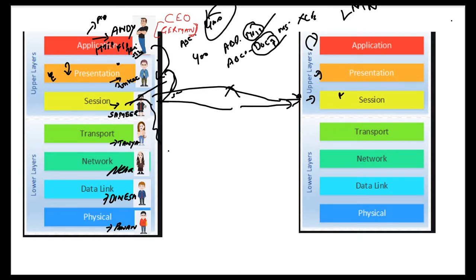Now after the session layer, Sameer has given that bunch of 400 papers to Tanya at the transport layer. So what has Tanya done? Tanya has divided the 400 papers into 100 each segments, right?